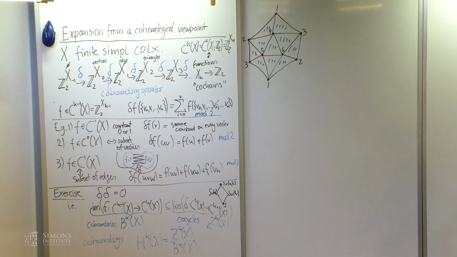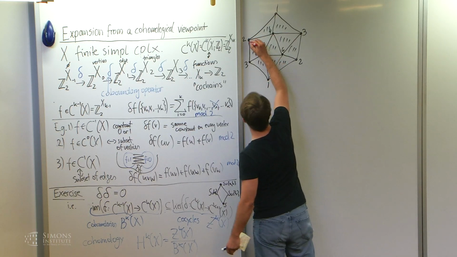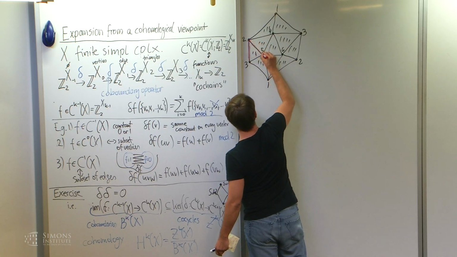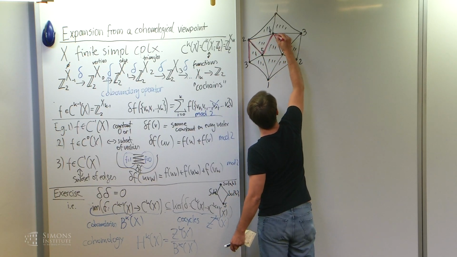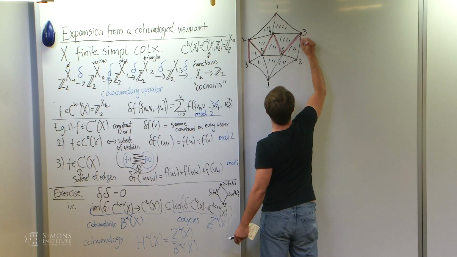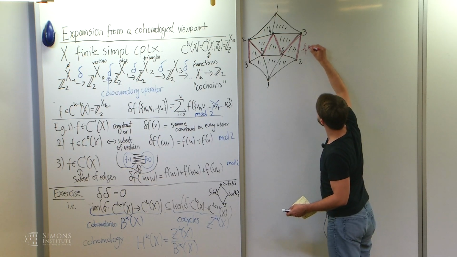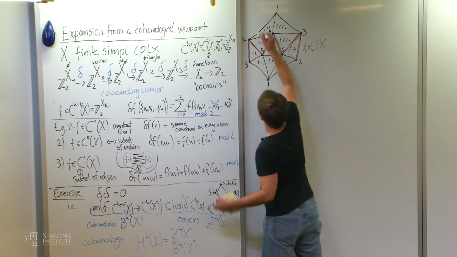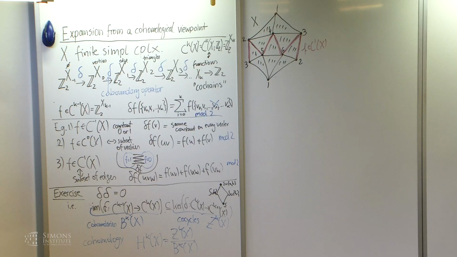Okay. So let's look, for instance, at this one-dimensional cochain. So remember, a one-dimensional cochain is a 0, 1 valued function on the edges, or a subset of edges. What is its co-boundary?